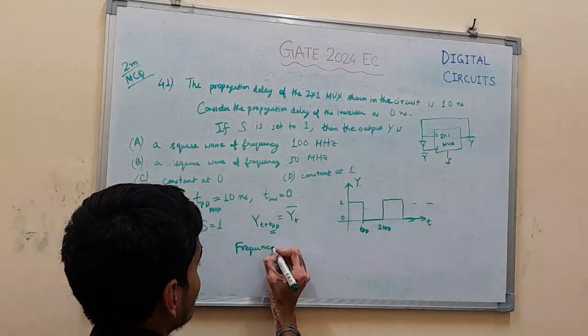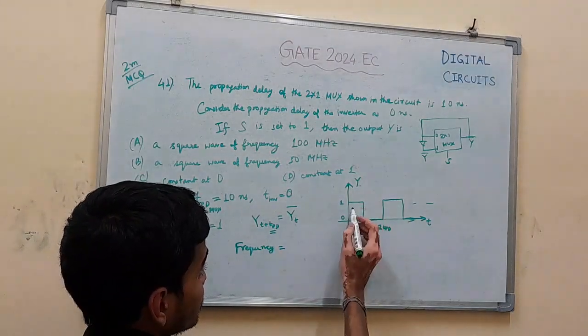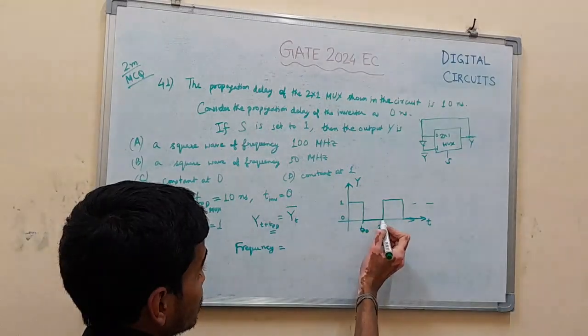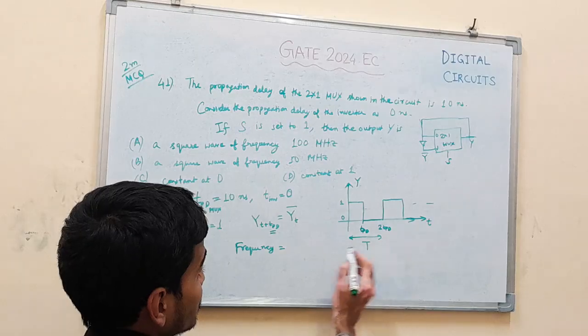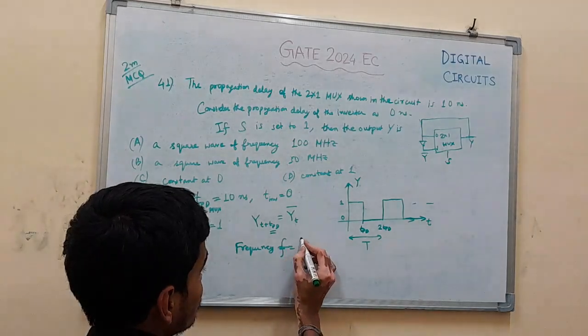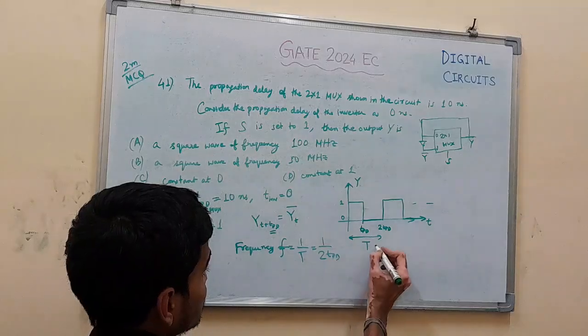How long does one cycle take? TPD and TPD, that is 2 TPD, is one cycle. This is the time period. Frequency f is 1 by the time period, so this is 1 by 2 TPD, as T equals 2 TPD.